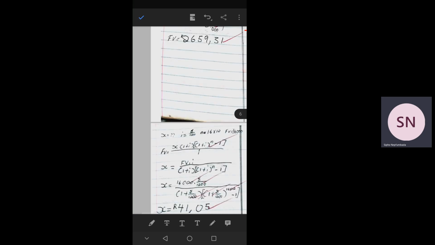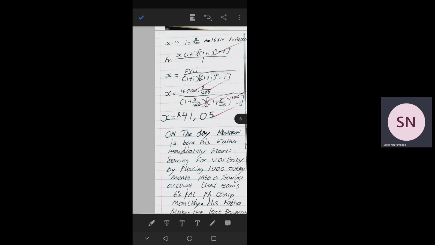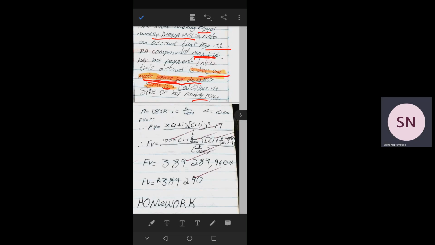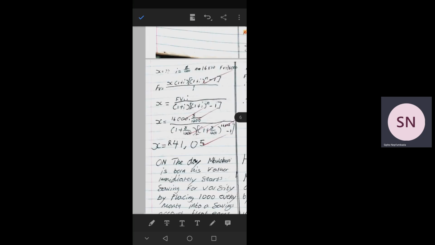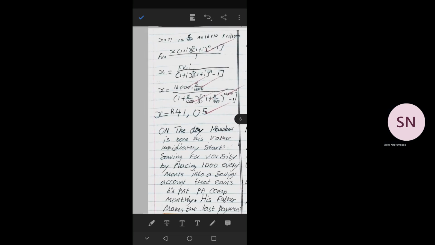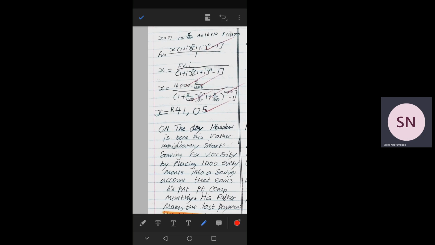So now, since it is out than the X, we record the X as the monthly payment. The future value is 16,000 on returning 16 years. So now we substitute into the formula.